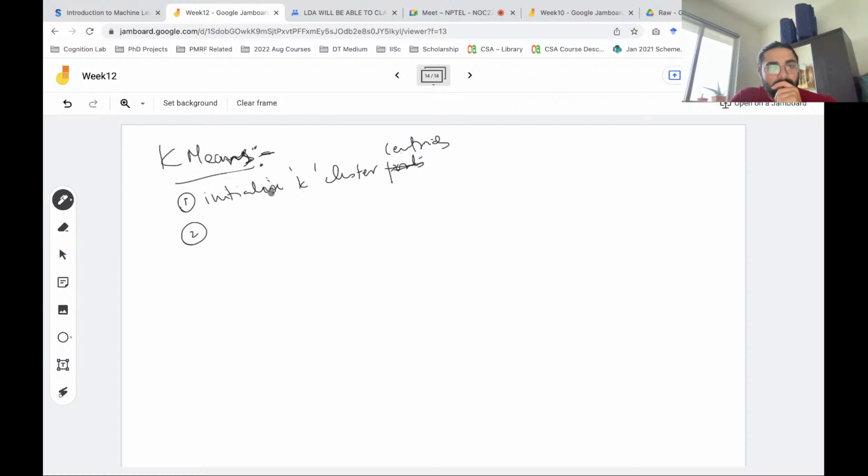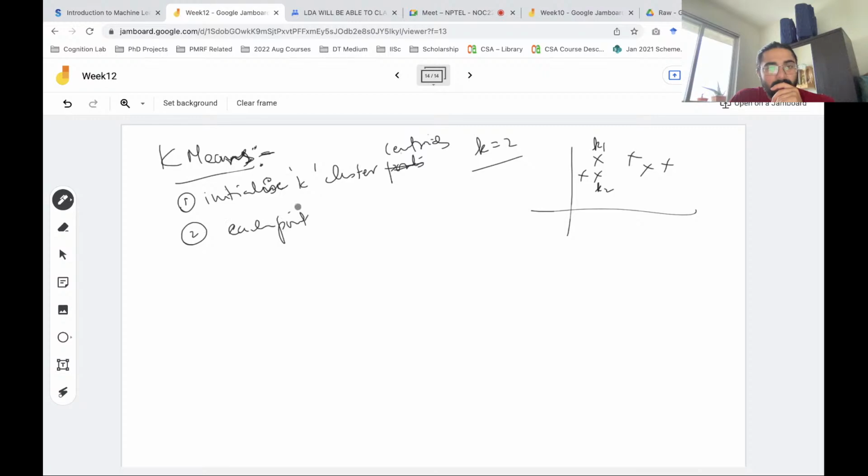So for example, let's say you have 6 points like this, and they tell you to use K equal to 2. You can use any of these 6 points as the initial centroids. Let's say I choose this as K1, and this as K2.